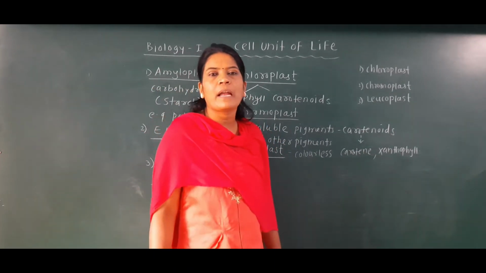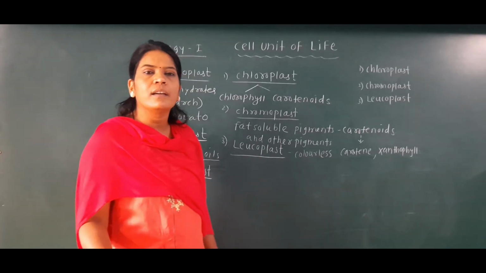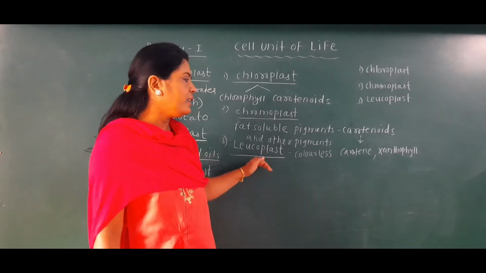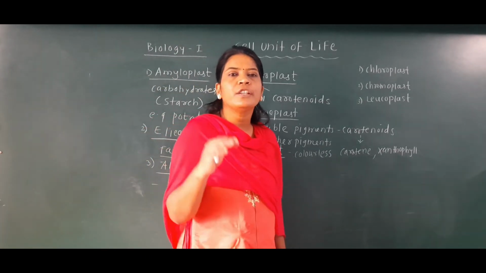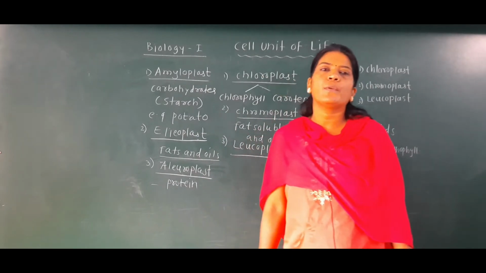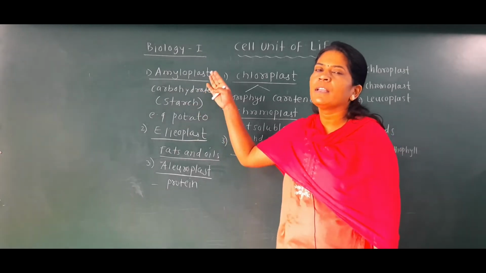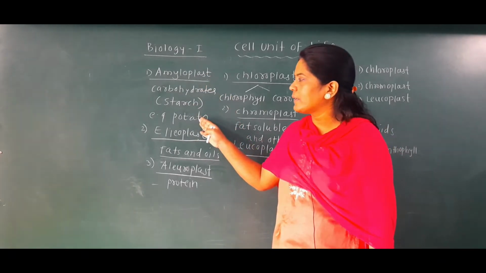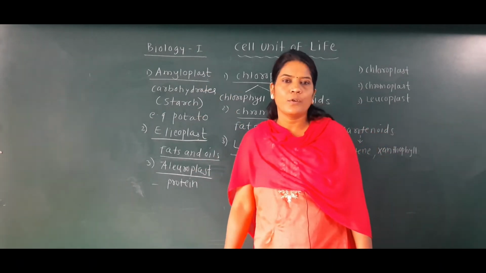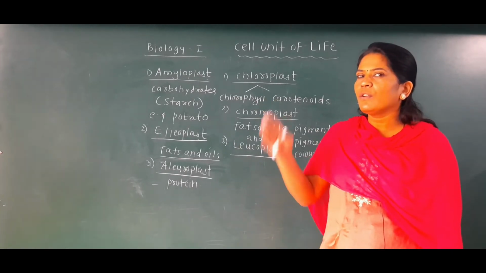The third type of plastid is the leucoplast, which is white, colorless, and generally stores nutrients in the plant. According to the type of nutrient, leucoplasts are again of three types: amyloplast, elaioplast and aleuroplast.